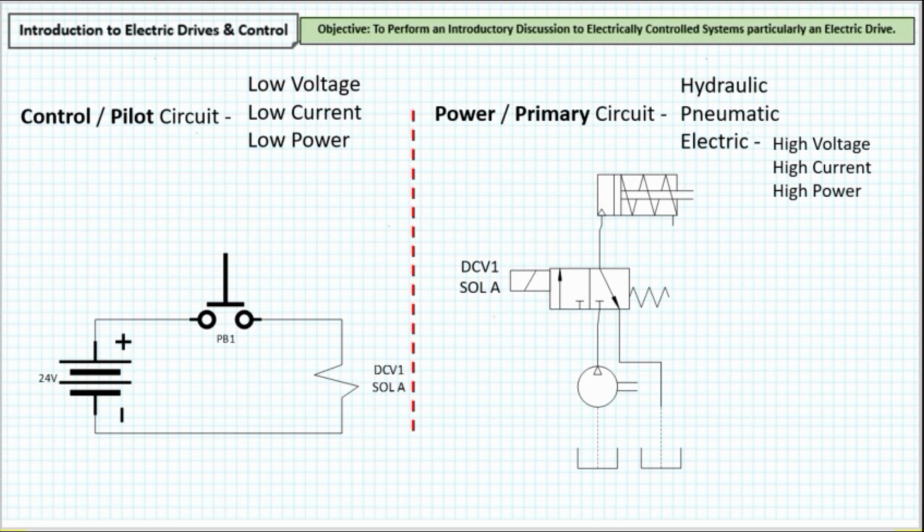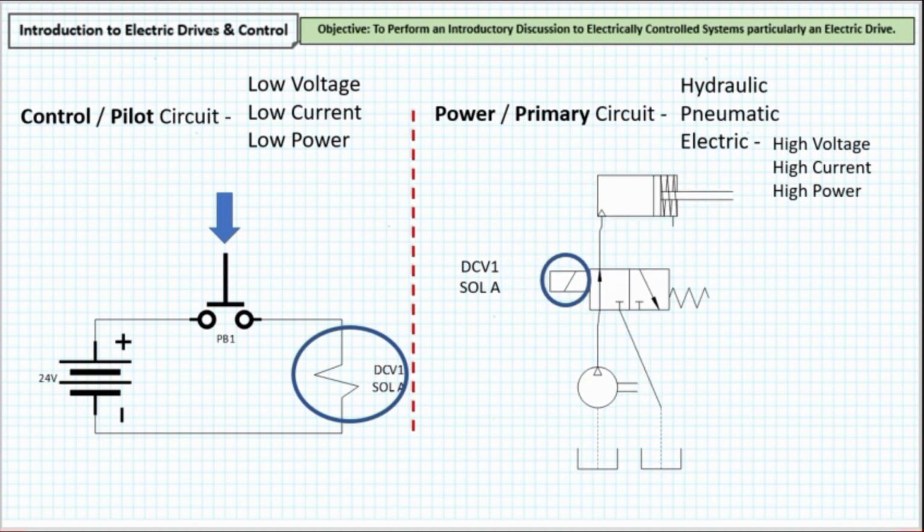Let's discuss a little. When push button 1 on the control circuit is pushed, the solenoid will be energized, of course, and thus movement of the 3-2-way directional control valve will occur on the power circuit, and thus the cylinder will completely extend.